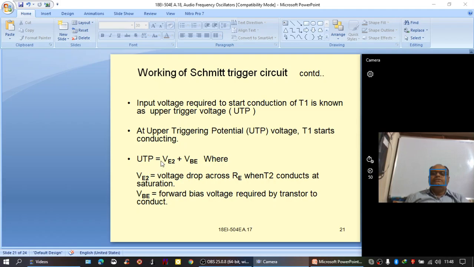So upper threshold potential is equal to VE2 plus VBE, where VE2 is the voltage drop across RE when T2 conducts at saturation, and VBE is the forward bias voltage required by the transistor to conduct.